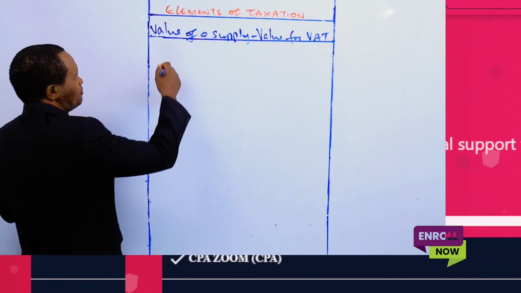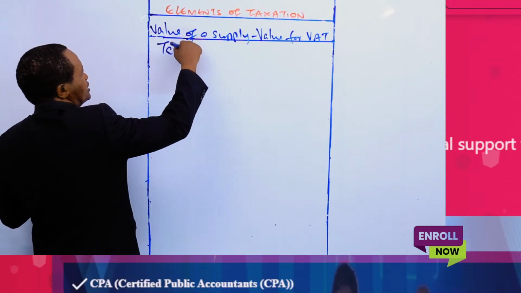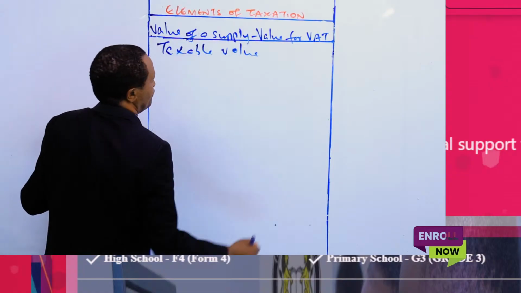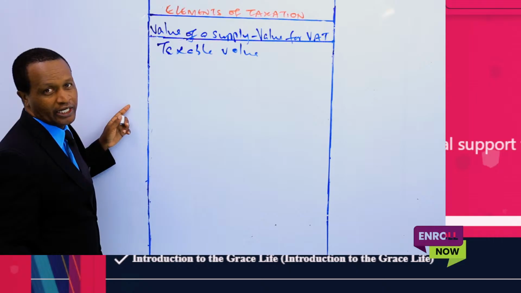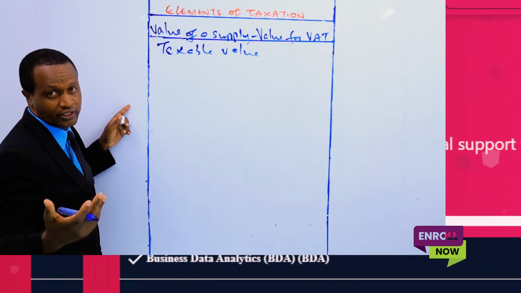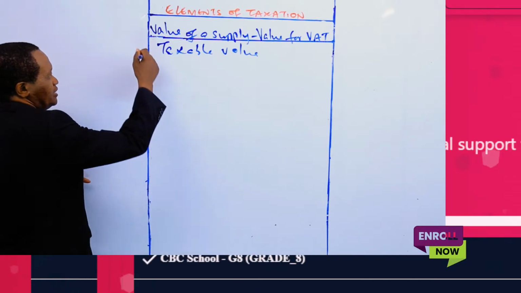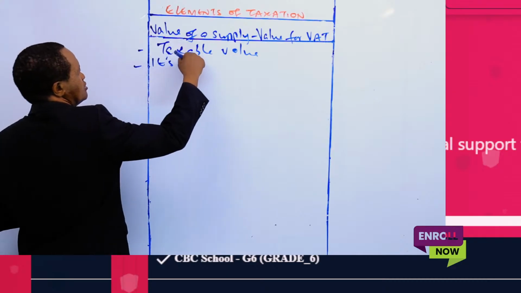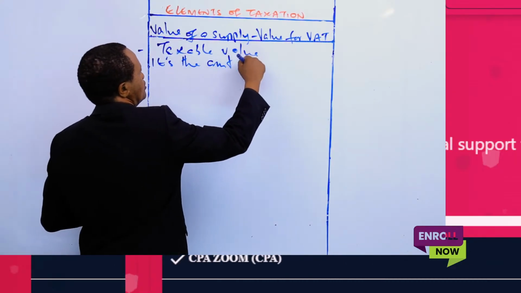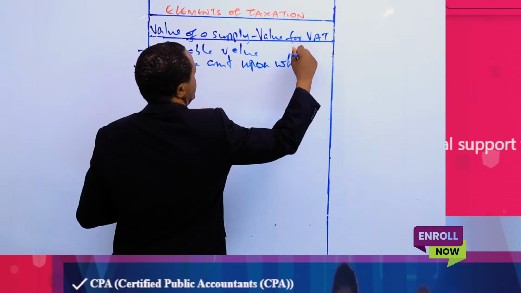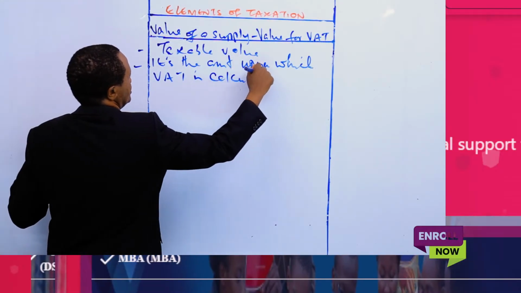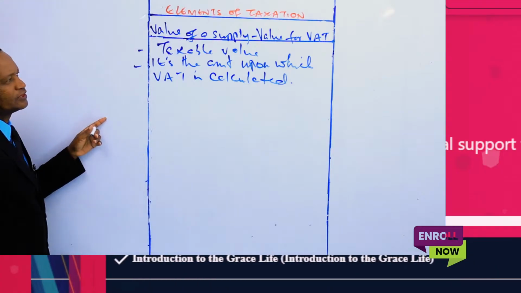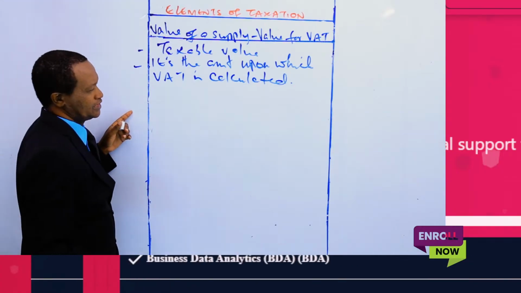The value of a supply is known as the taxable value, and it is the amount upon which VAT is calculated.